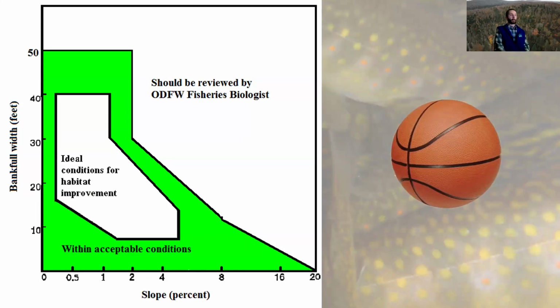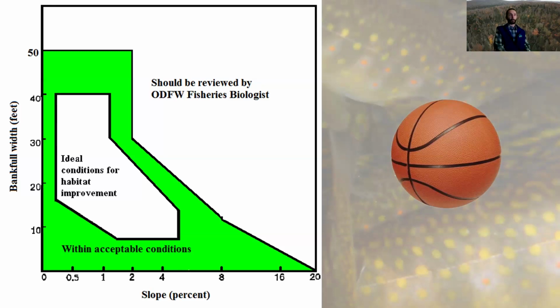This figure is in the handbook. I borrowed it from Oregon Department of Fish and Wildlife, but it shows the sweet spot for the slope and bankfull width of the stream where doing some habitat restoration might work.